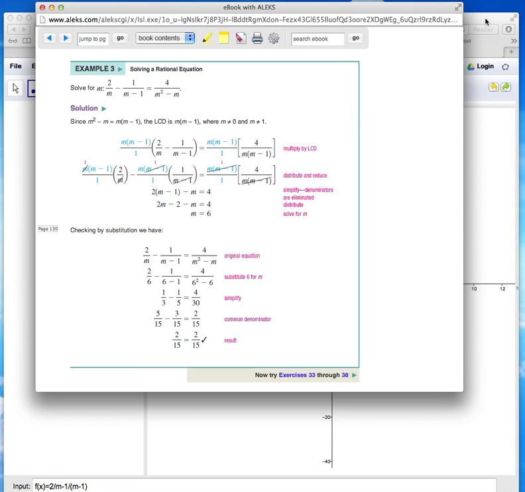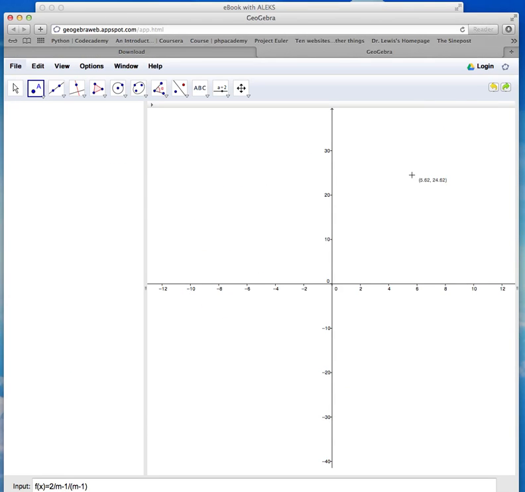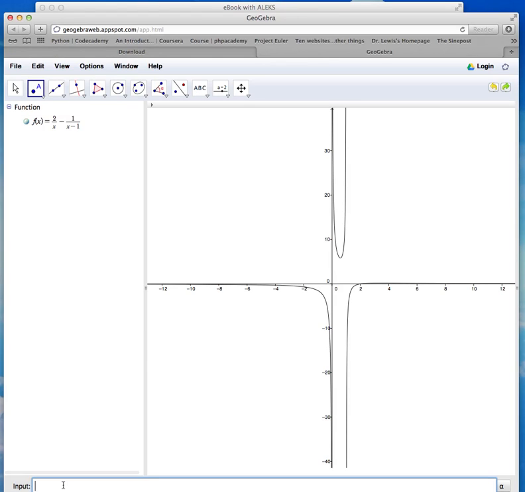Yep, equals 4 over m squared minus 1. So enter, oops, gotta go down here, push enter. Oh, m, it doesn't know m, sorry, x. I think if I would have put f of m, it would have worked.